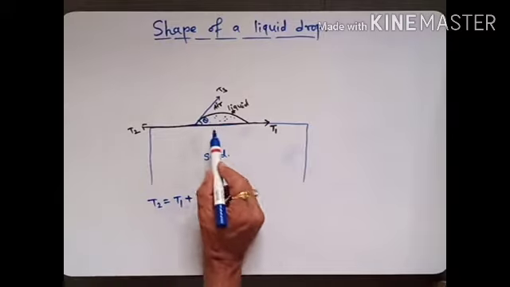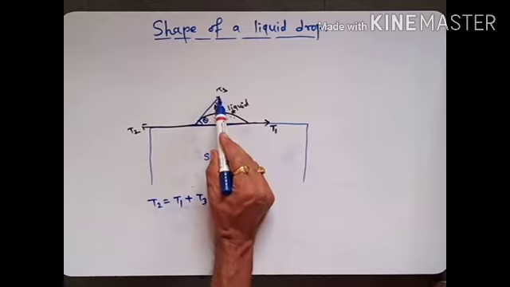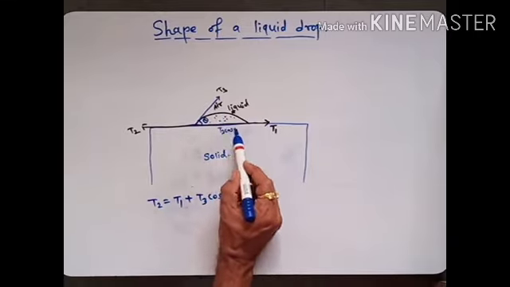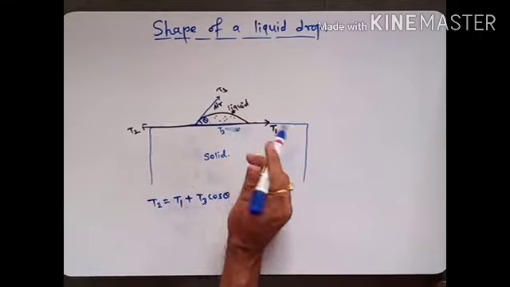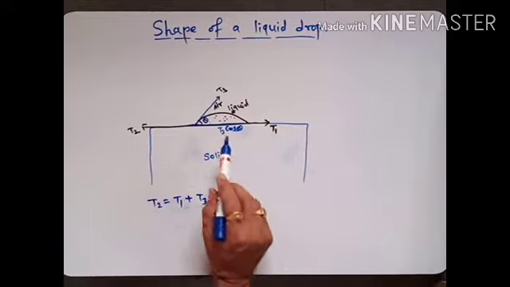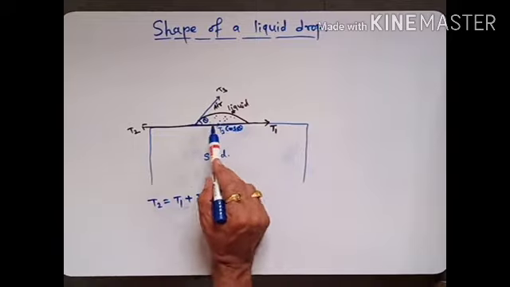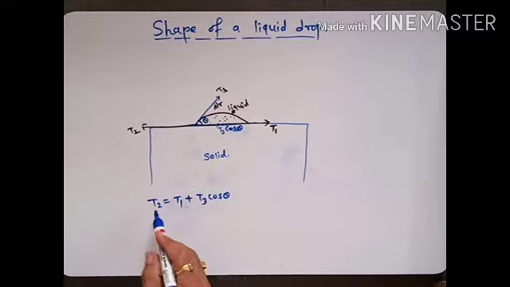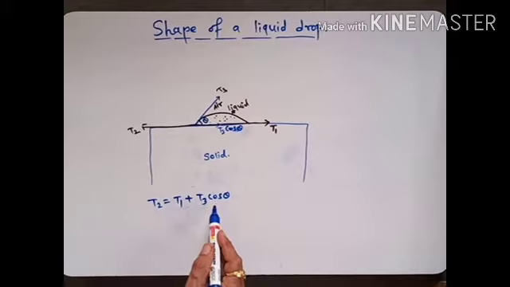That means T1 is in this direction and the component of T3 in the direction of T1 is T3 cos theta. So T1 and T3 cos theta are in the same direction, which balances T2, and therefore T2 is equal to T1 plus T3 cos theta.